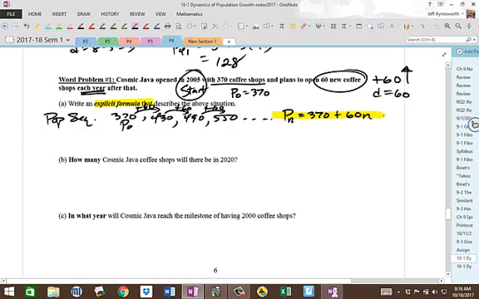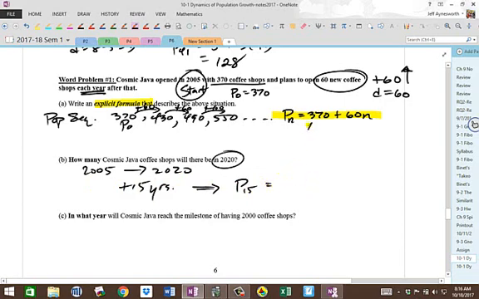So, how many coffee shops will there be by 2020? Well, if you start in 2005 and you go all the way to 2020, how many years have gone by? Well, how about 15? 20 minus 5 is 15. So 15 years have gone by. So what you need to do is find P sub 15. And what is that? Well, use it.